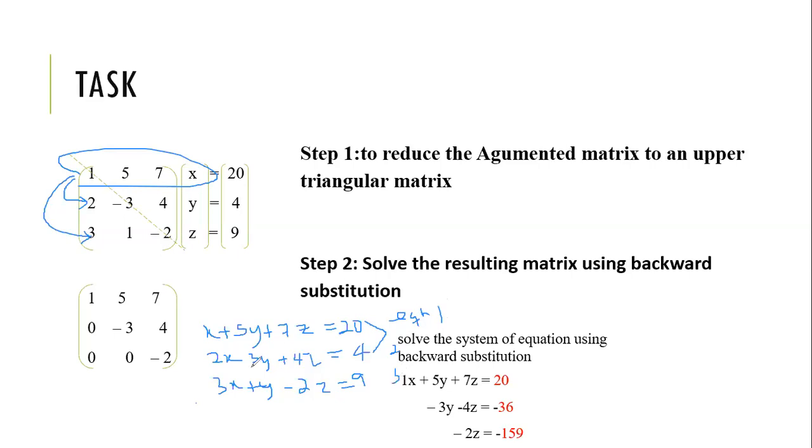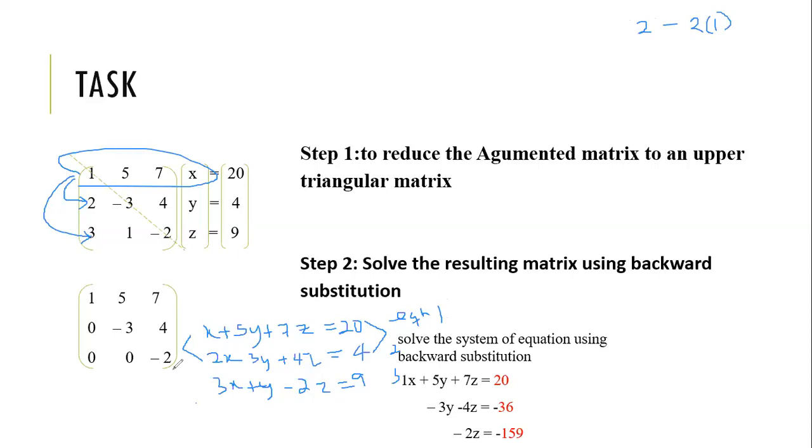So what you do is you take two equations at a time. In solving, you would have done equation 2 minus 2 times equation 1.